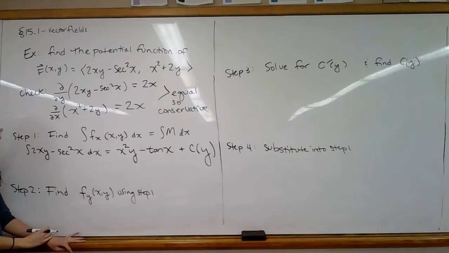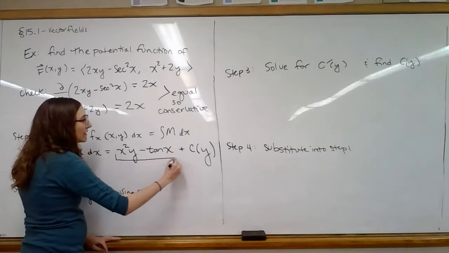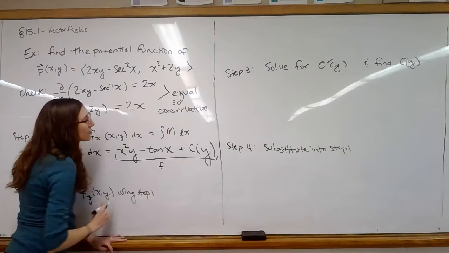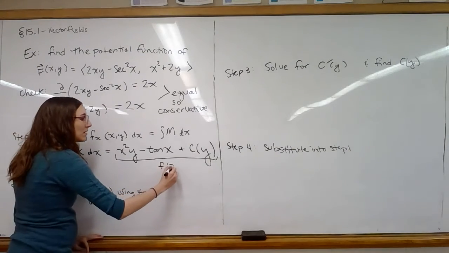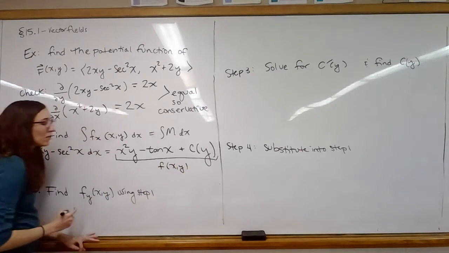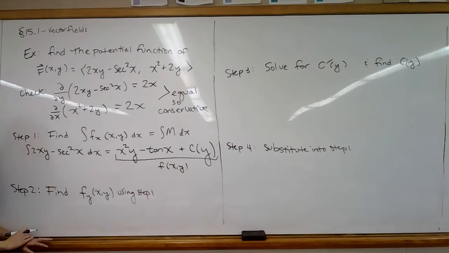Now what we want to do is look for f sub y of x, y using step 1. So using this as our f of x, y, we're going to look for the partial derivative of that with respect to y.